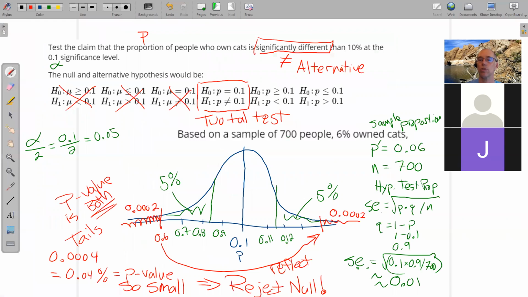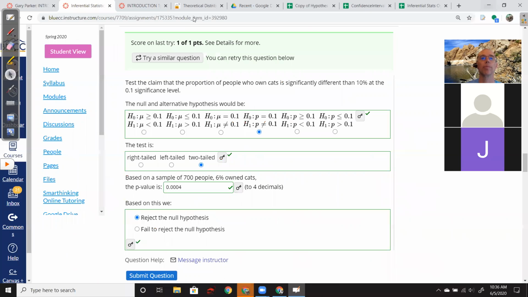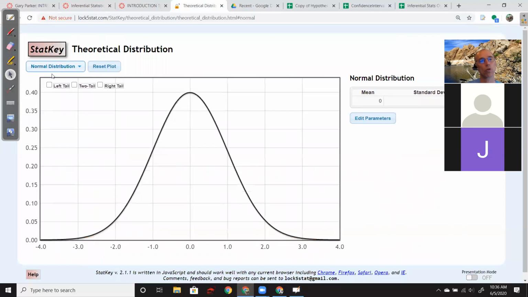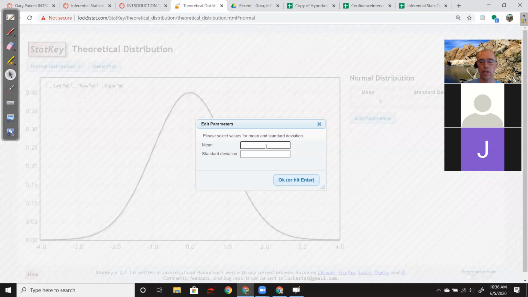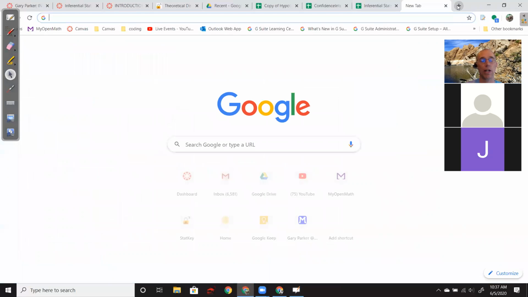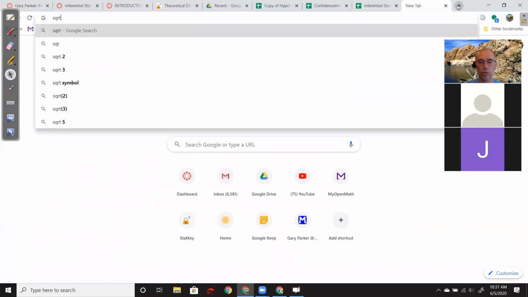So all of those have to be given or calculated to use StatKey. If I were going to do StatKey, show desktop. Normal T distribution. So one, I could use a normal distribution, in which case I would enter in my null hypothesis, which is 10%. I need to calculate the standard error. I'm just going to whip out a Google calculator.